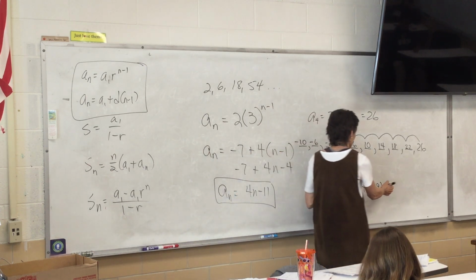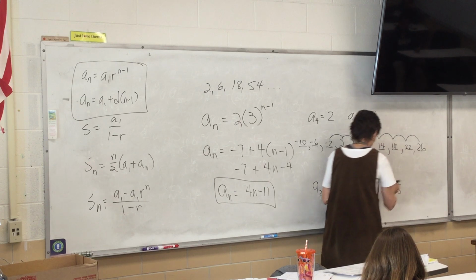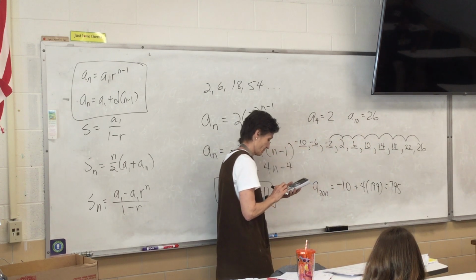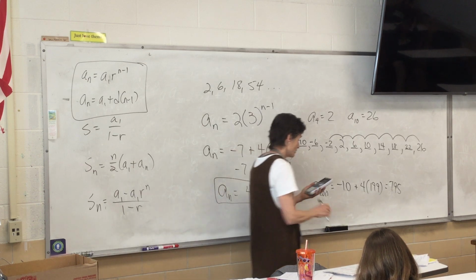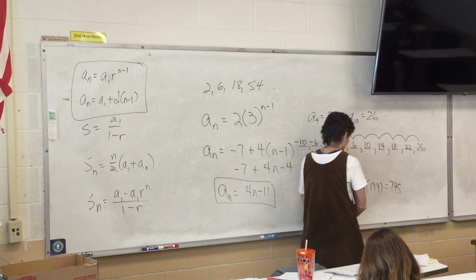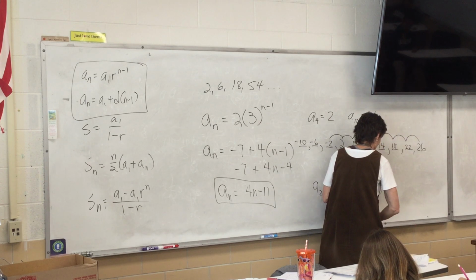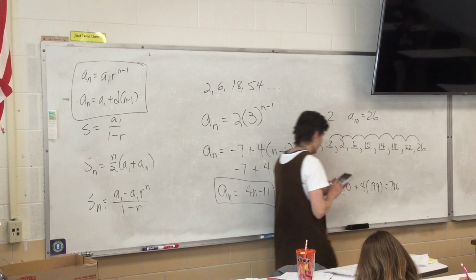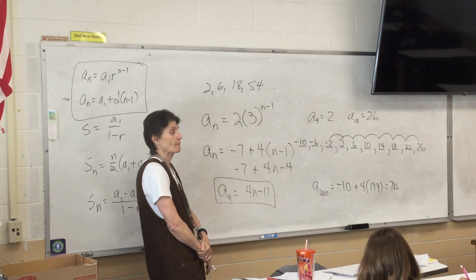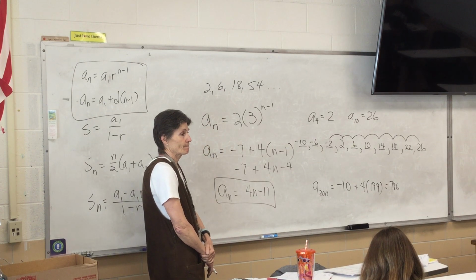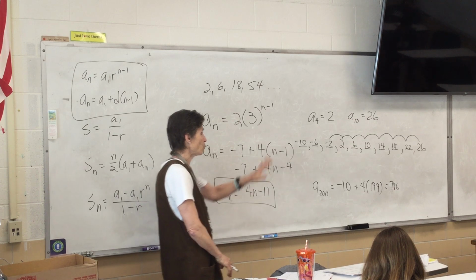You get 795. Oh, wait, no. Just a minute, that's not right. You get 786. Yeah. I hit negative 1 instead of negative 10. Now, does anybody have a question about that?